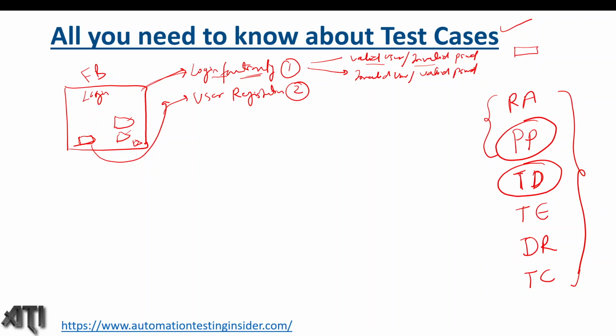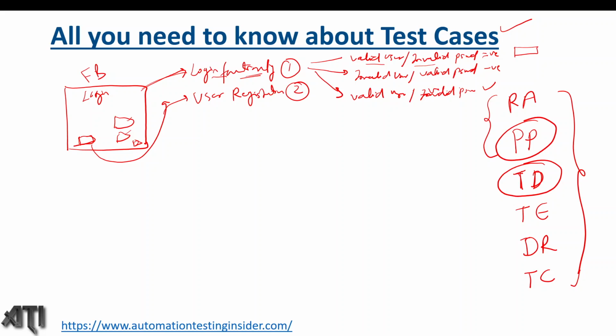That is another test case. What is the third test case? Let's say we have an already registered user, so valid user and valid password. So this is a positive scenario, a positive test case. These two are negative ones, and this is the positive test case, right?